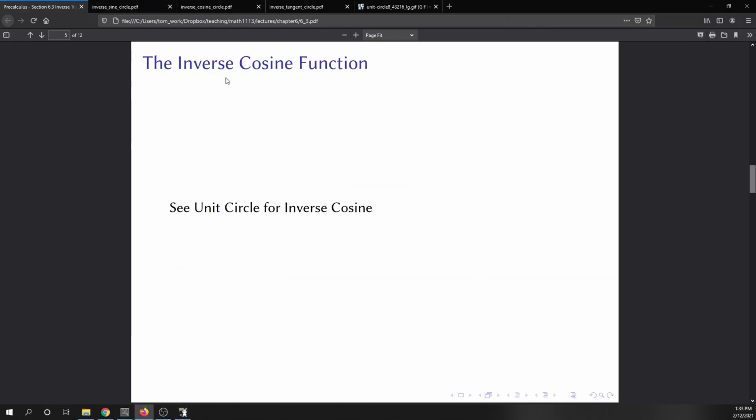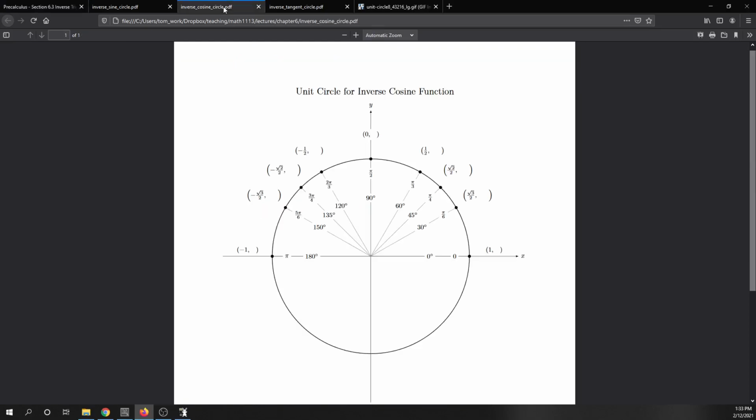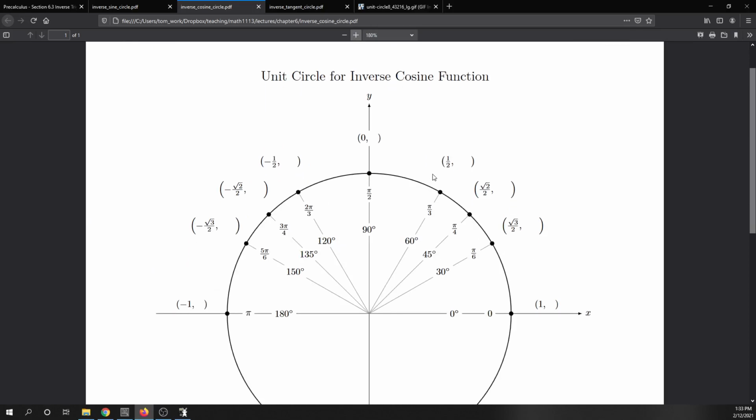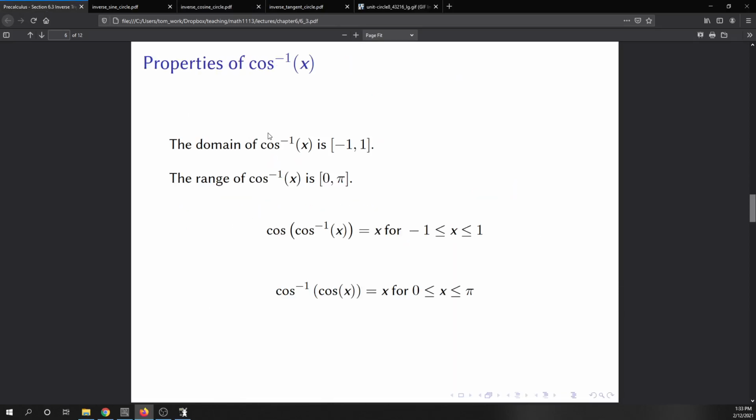All right, so I made a unit circle for cosine. Again, just kind of stripped out anything that wasn't important for the inverse cosine. And here's what it would look like. For this one, you can see I only have angles from 0 to pi. And the reason for that is because the range of inverse cosine is from 0 to pi.